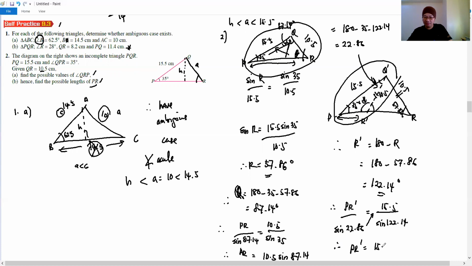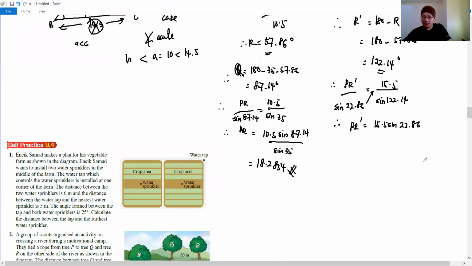Therefore, your PR prime is, moving it to the other side, 15.5 sine 22.86 over sine 122.14. So the final answer is 15.5 sine 22.86 divided by sine 122.14.